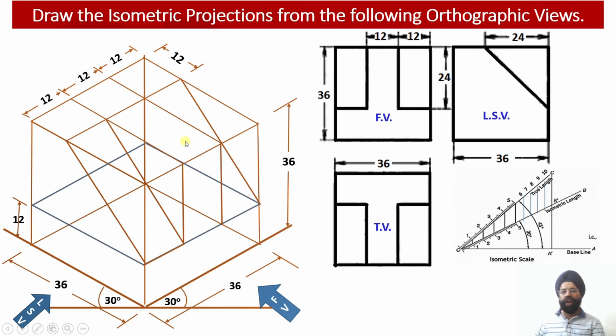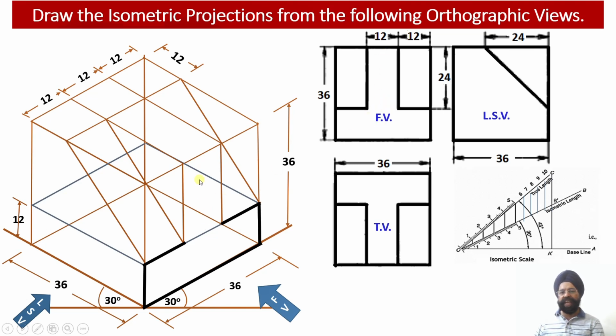Okay, now all the edges of the solid have been obtained. Now I am going to join the edges which are visible to the observer. Please check, from the front view, we are able to see this portion. This is the flat web corresponding to the T which appears in the front face.